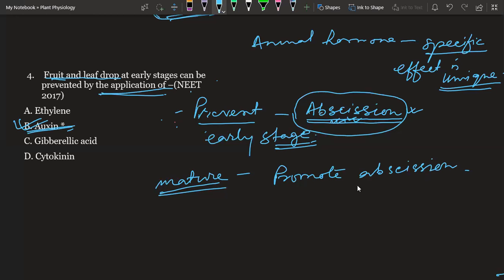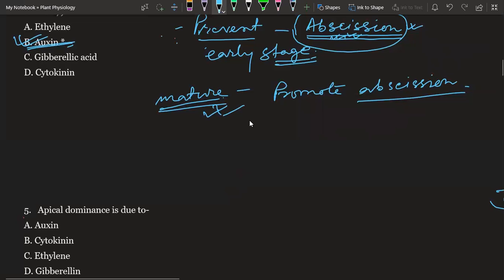During the young stage it protects, but at the mature stage it promotes the leaf and fruit falling down. So at different stages, the same hormone works in two different ways.